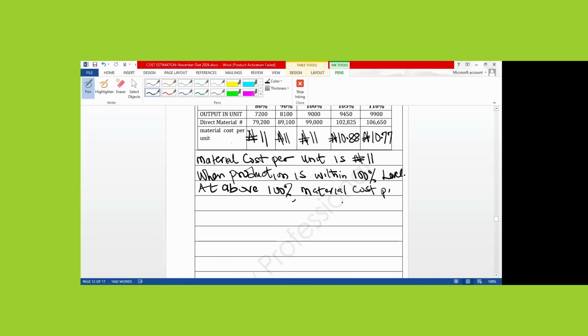This may be due to quantity discounts received from the supplier.